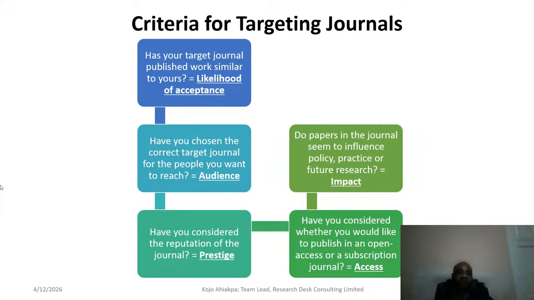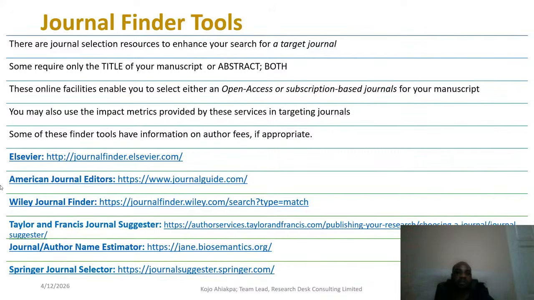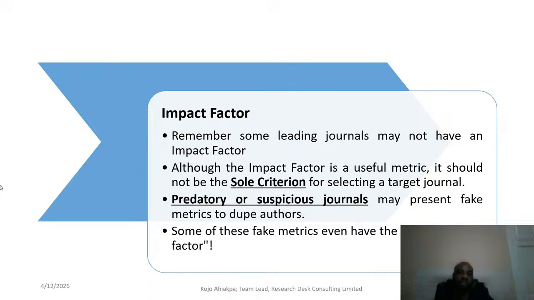We have provided a few criteria here for targeting journals. I also provided journal finder tools. I even made a flyer, an infographic, listing the commonly used journal finder tools that you can use to search for journals.